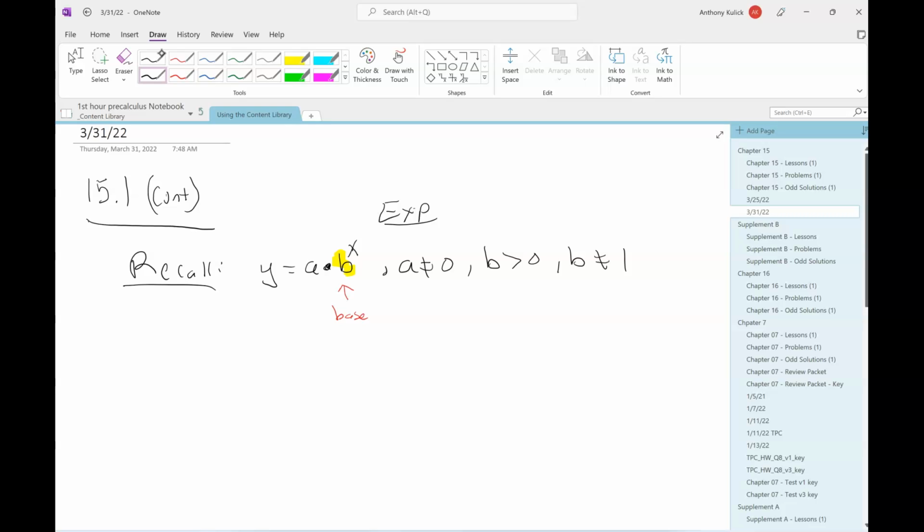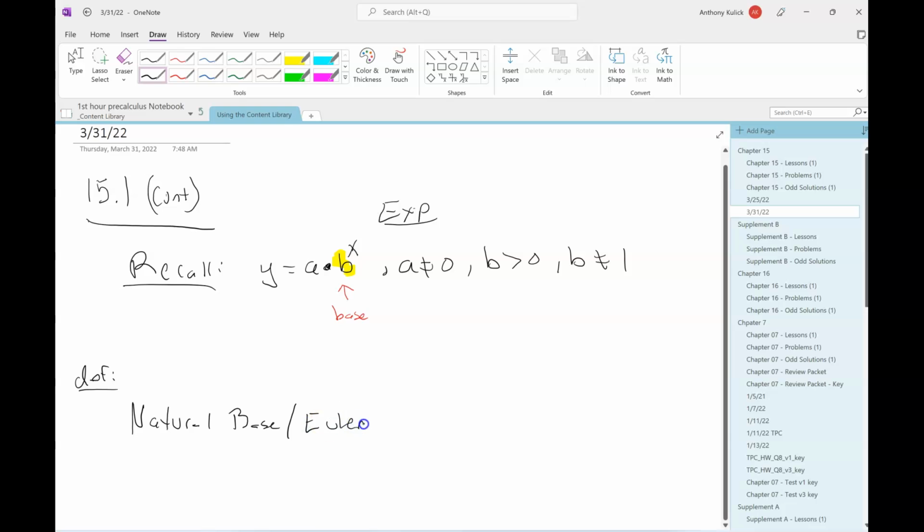So these exponent bases can just basically be any number they want. There is one special number that we often use as the base of an exponential. It's called the natural base, or sometimes it's referred to as Euler's number.